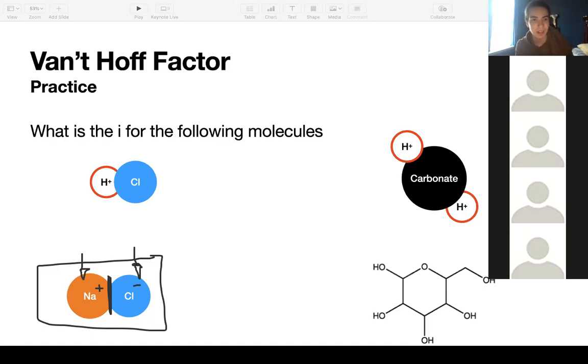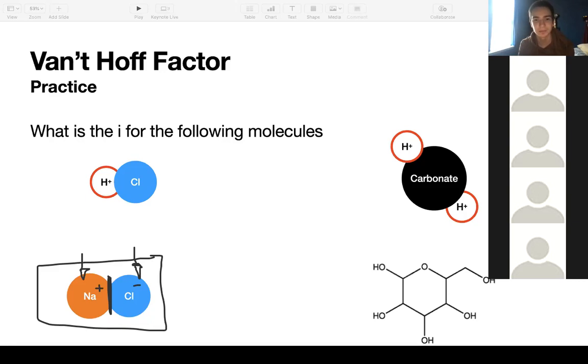So if we have 2 different ions, then we can determine that our Van Hoff factor will be 2. It would have been better if I had shown them splitting apart. But yeah, in this case, our Van Hoff factor would be 2.